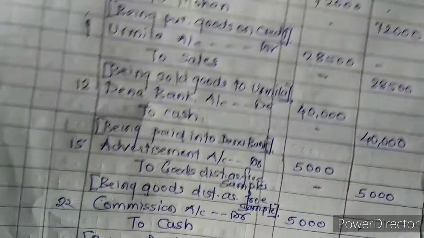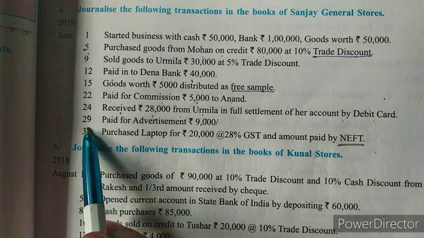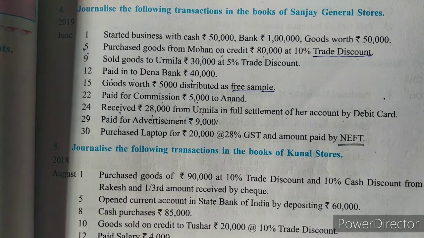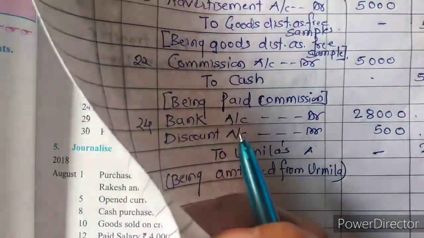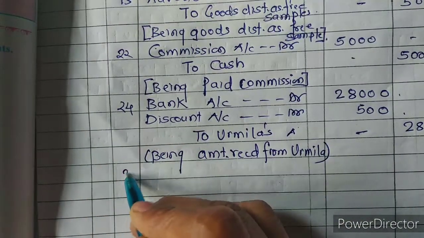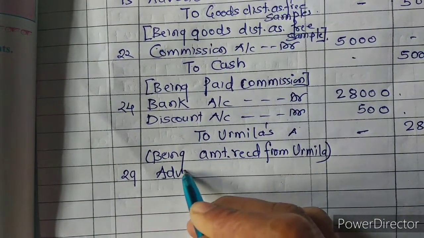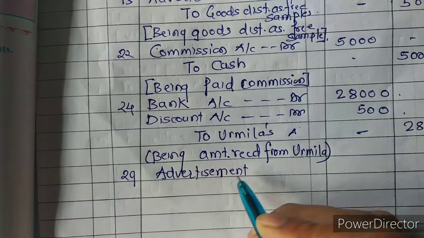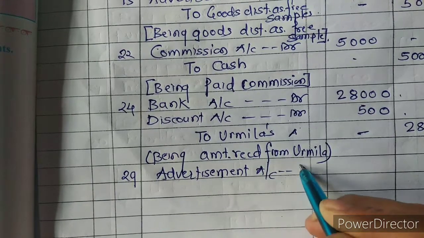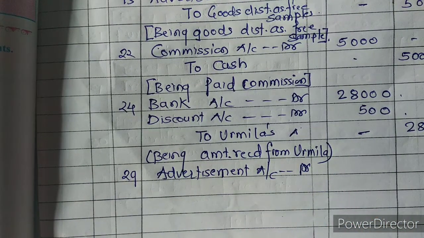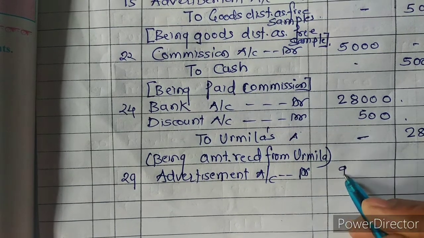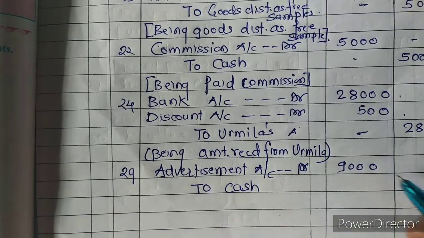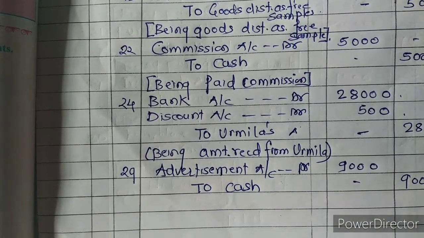Now on 29th, paid for advertisement. Again, advertisement is an expense. So on 29th, advertisement account debit, amount is 9,000 and cash goes out to cash account credit rupees 9,000.